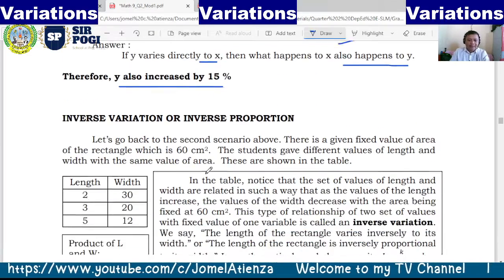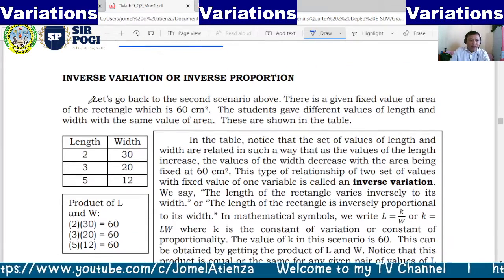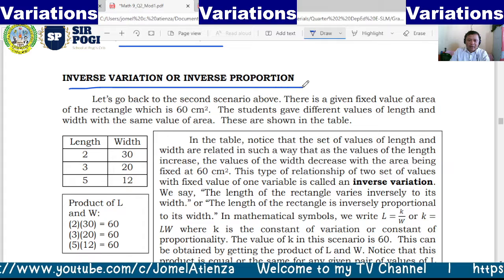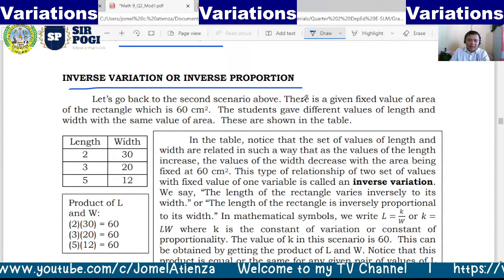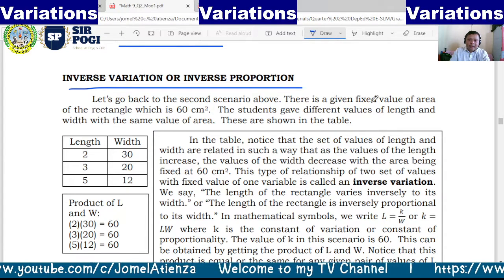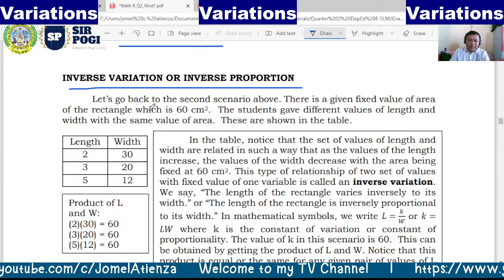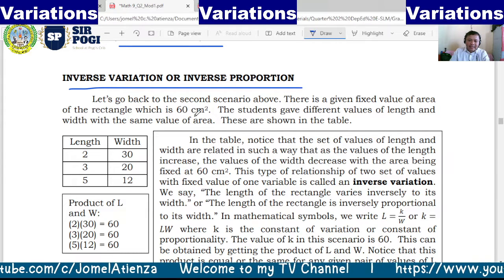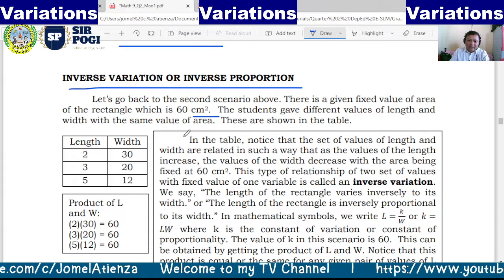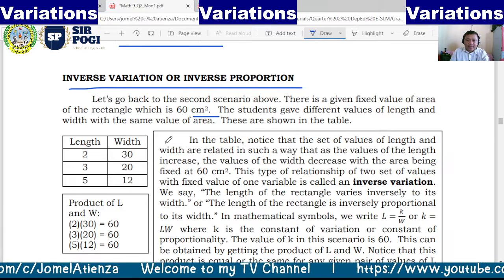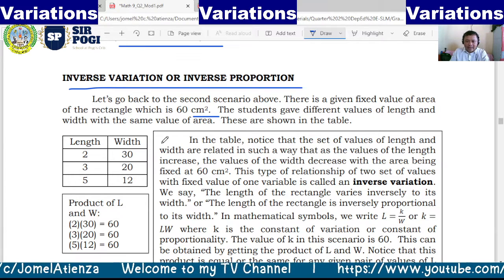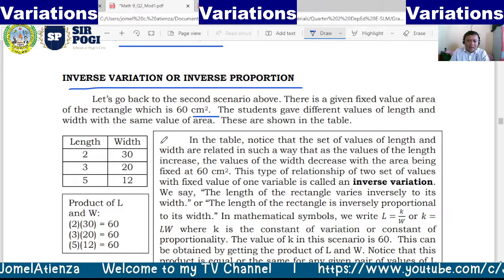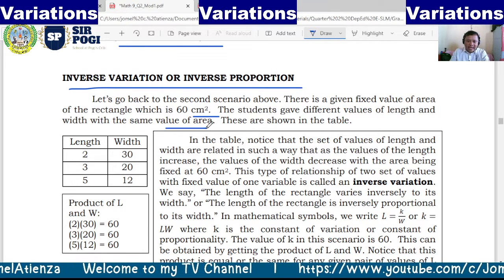And then, when we say inverse variation or inverse proportion, there is a given fixed value of the area of a rectangle, which is 60 square centimeters. The students gave different values of length and width with the same value of area.